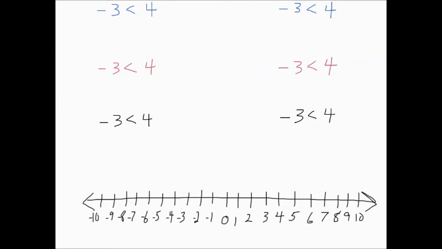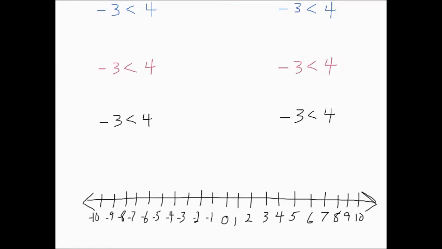You can see here I wrote the inequality. Negative 3 is less than 4. Or you could read that 4 is greater than negative 3, however you want to look at it. Anyway, I wrote it a bunch of times, 6 times.